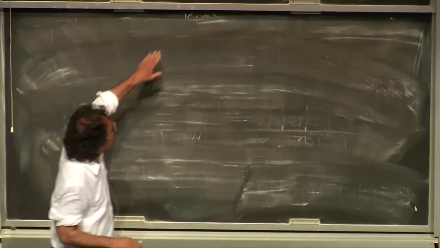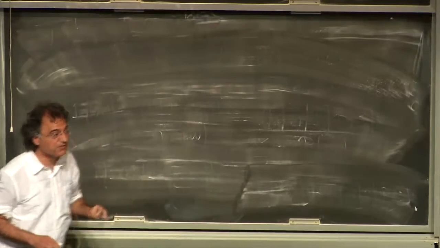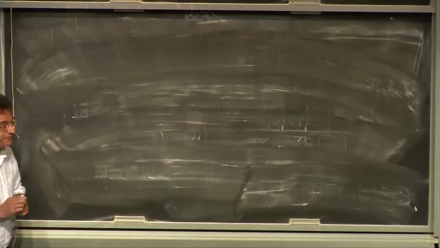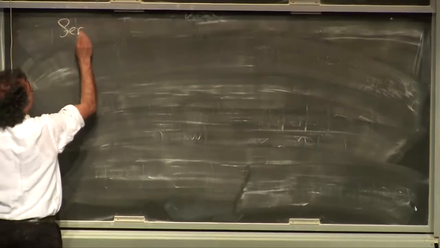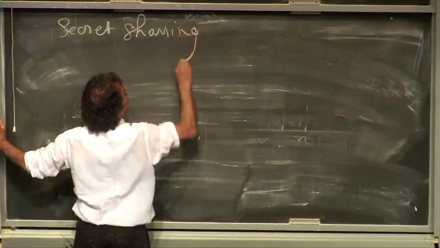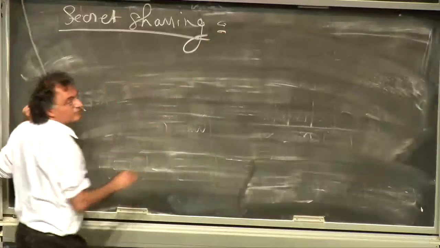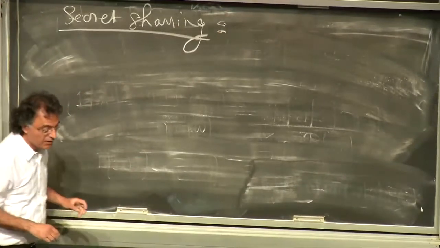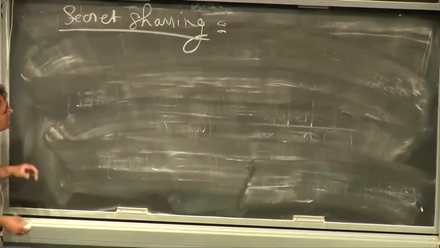Okay, so now let's look at one more example of conditional probability, which is secret sharing. Let's say you're doing a secret sharing scheme.